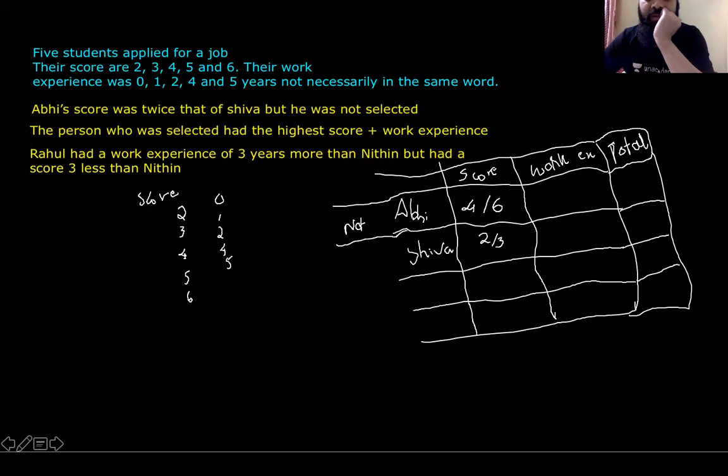Abhi was not selected. The person who is selected has his score as well as the work experience being highest. So whoever has a score and work experience being highest, that person will be selected.